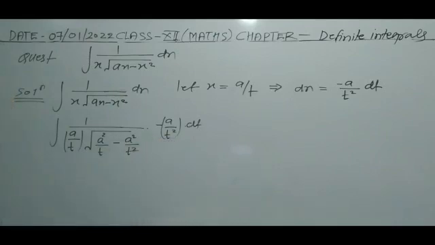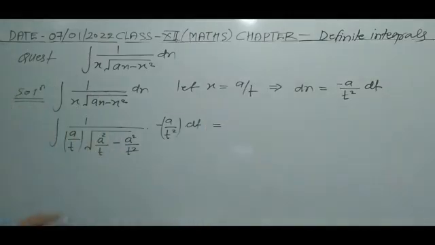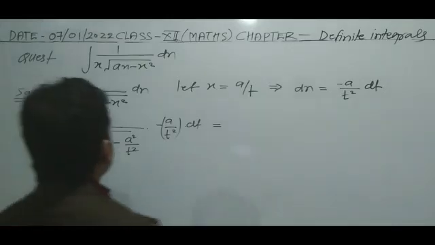So we can write, in the calculation, this a square is common and you can take it outside the square root. Taking LCM, you can take outside a square by t square. So what will you get as the result?